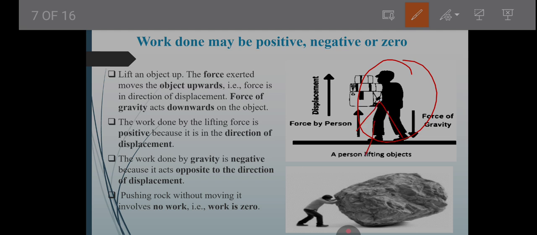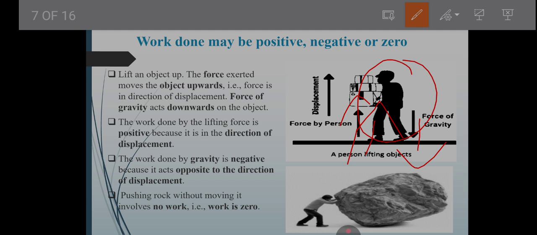Whatever force he applies is an upward force, because he is lifting the object in the upward direction. That is the force in the direction of displacement. And the gravity acts downwards. The force of gravity always acts on the object.